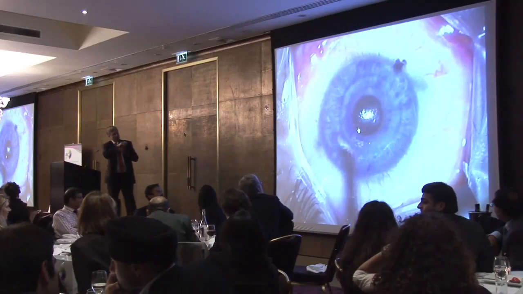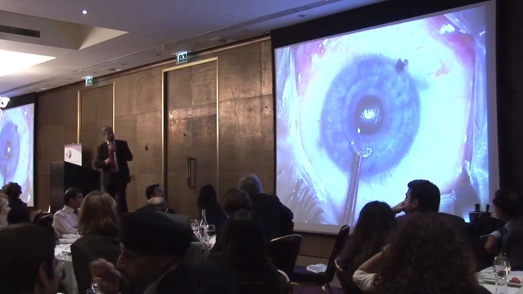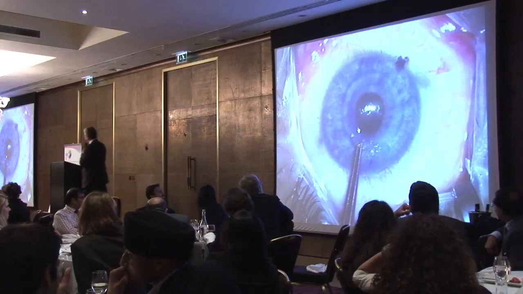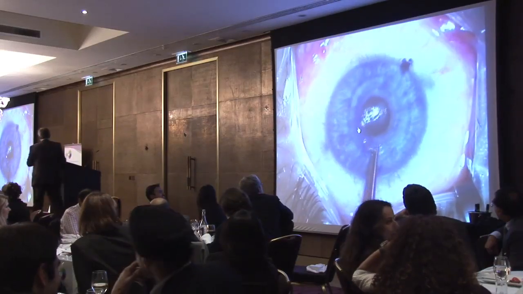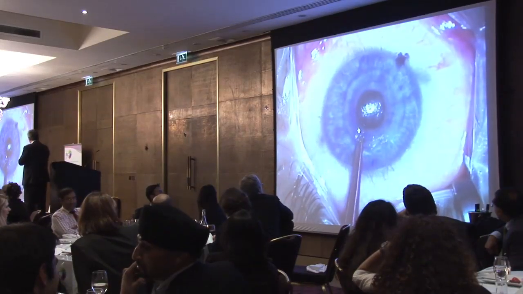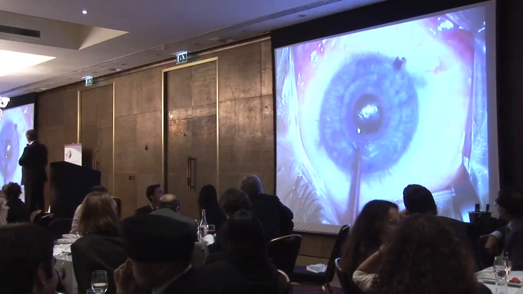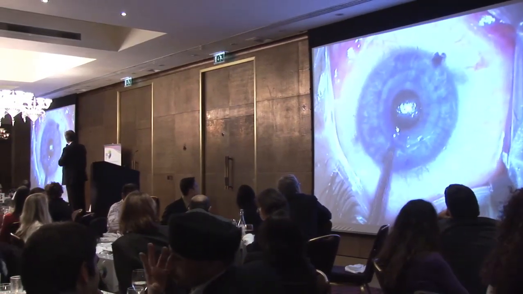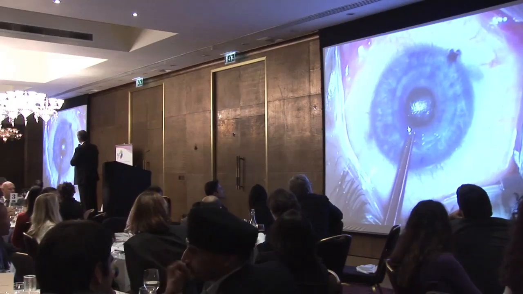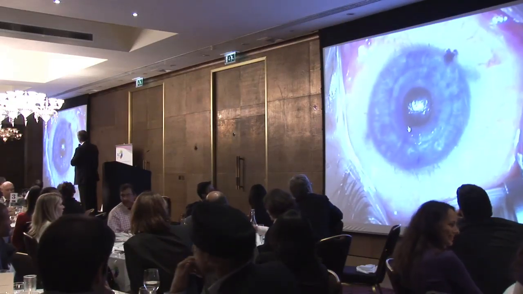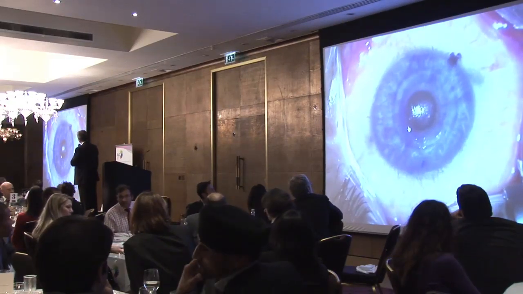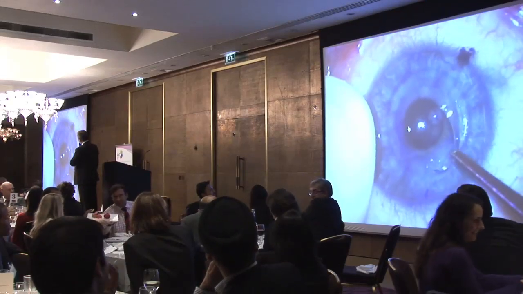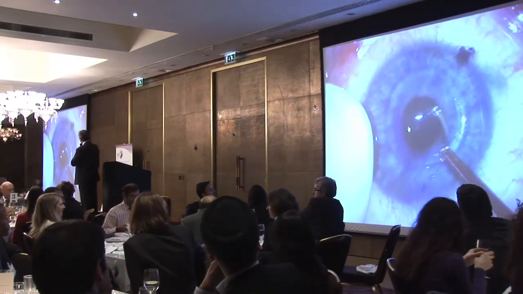So you see the tunnel formation and now the implantation of the segments. In this case we are implanting 2 segments here. And this is the second one, a little bigger and thicker.